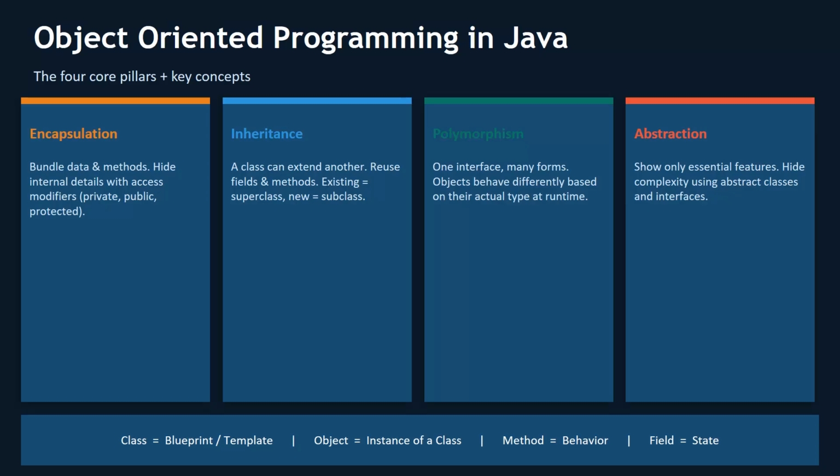Abstraction is where you show only the essential features while hiding the complexity, using abstract classes and interfaces. For instance, the car. You don't see the gearbox, you just see the accelerator and the gear-changing buttons.